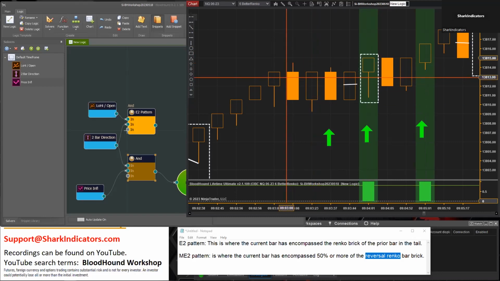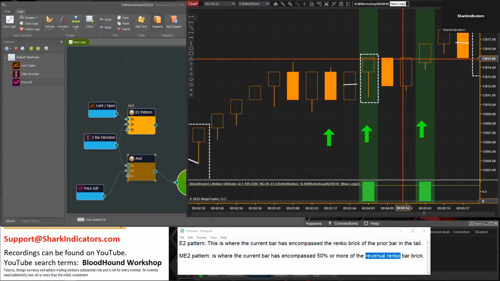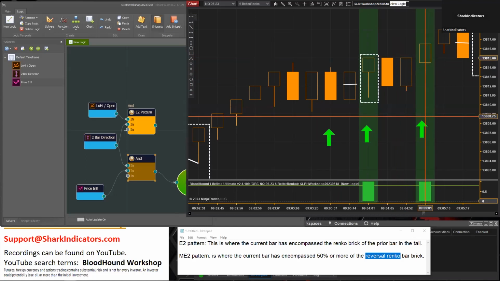We can see that when we get a reversal bar afterwards, there's no long output. So we won't get any false signals. When we get a reversal bar and a continuation bar, we get a long output.